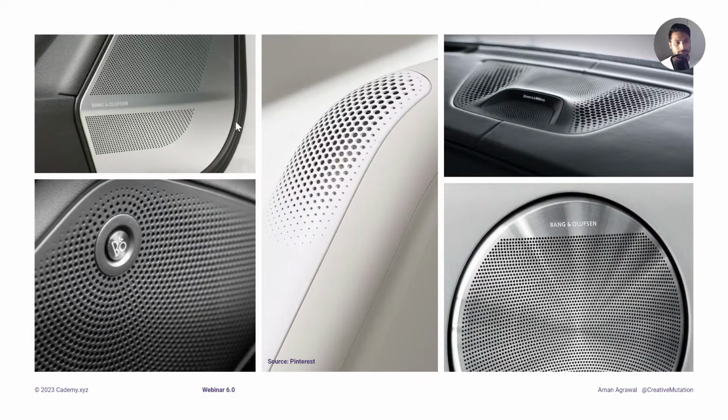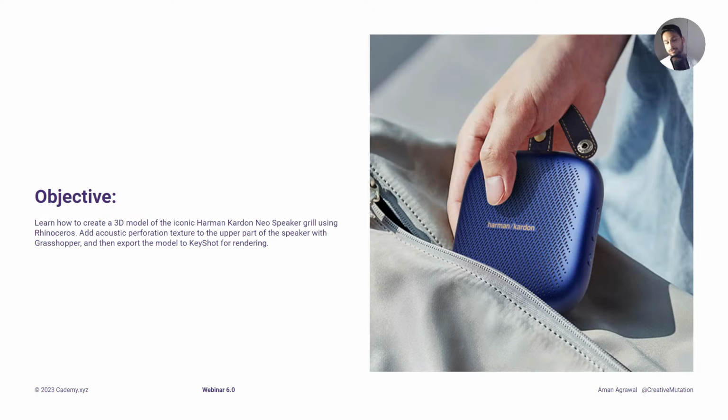Now, of course, there are some simple textures which don't need a lot of preparation, but there are more complex textures which you can see at the center, where the radius of the circle fades away, or where they follow a specific pattern. These kinds of textures can be easily made in Grasshopper. So that is our objective in today's webinar.